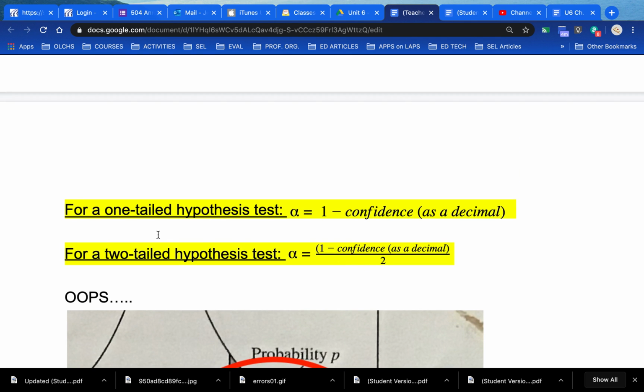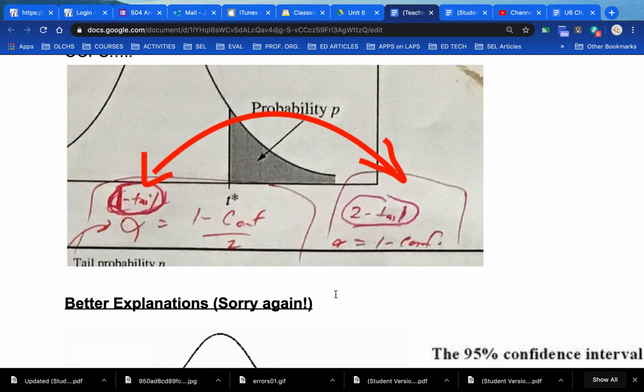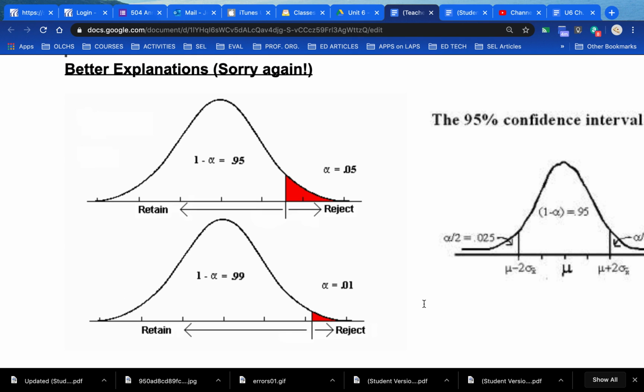And again, it kind of makes sense. If there are two tails, you should divide the amount in the rejection region by 2, because you're splitting it into the two tails as opposed to 1. So, my bad, I apologize. This is something I just found real quick on the internet that might make things easier to understand. If it's 95% confidence, 1 minus that means the rejection region is 0.05.